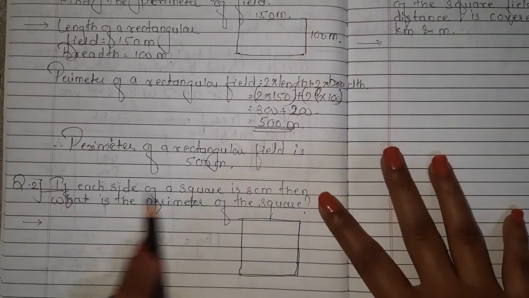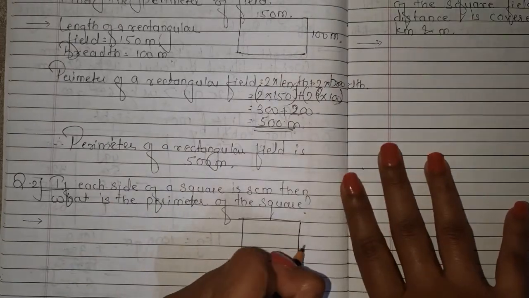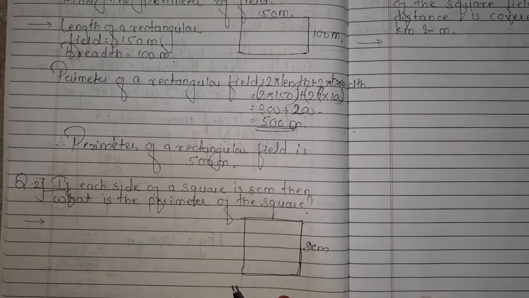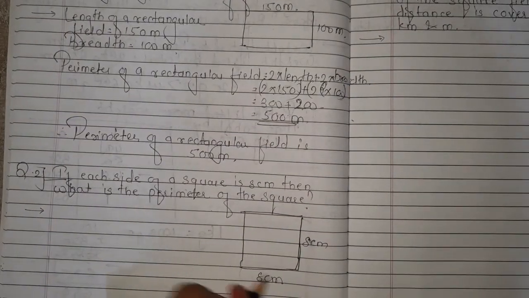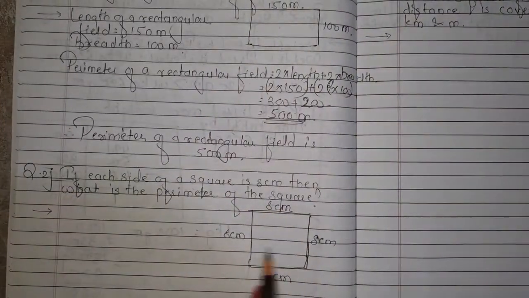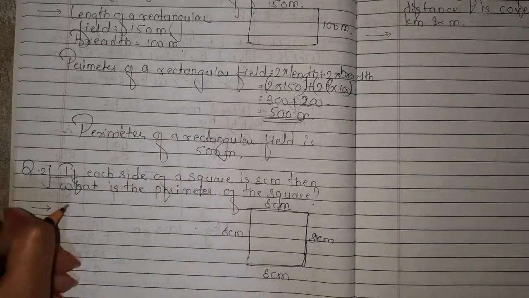They have given you that each side of the square is 8 centimeter. Now a square is having all the sides of the same length. So if one side is 8 centimeter, all the other sides are also 8 centimeter. So we have to find out the perimeter of the square.